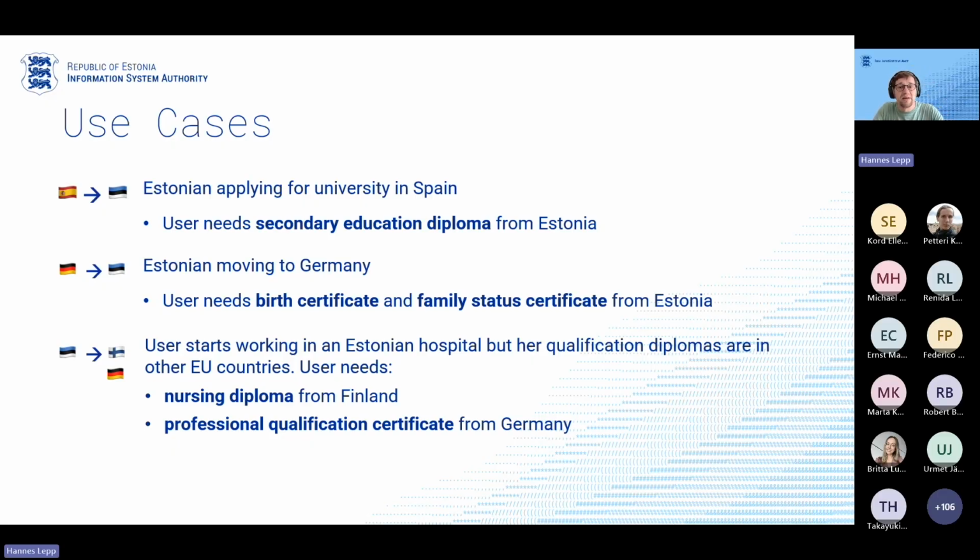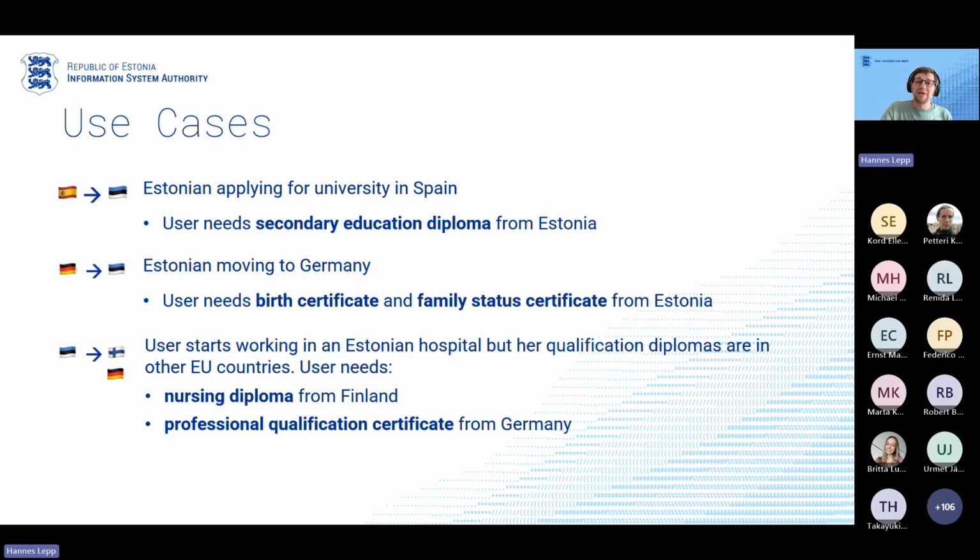The second example is where an Estonian citizen moves to Germany, and a German authority asks them to provide a birth certificate and proof of family status. And here is also the third example, a bit more complicated, where an Estonian citizen has lived and worked in several EU countries and now returns to Estonia to work as a qualified nurse.